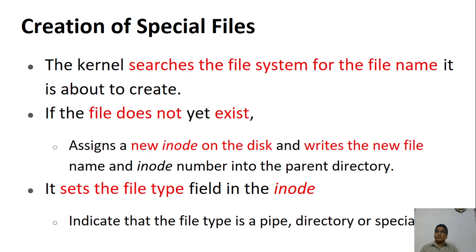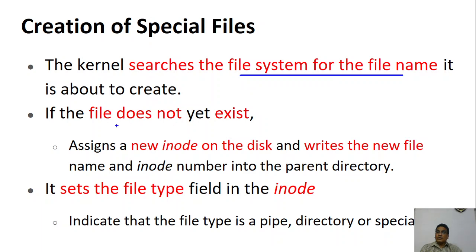Now how does the kernel create the special file? The procedure is identical to that of regular file creation. The kernel first searches for the file in the file system based on the path name that is specified.